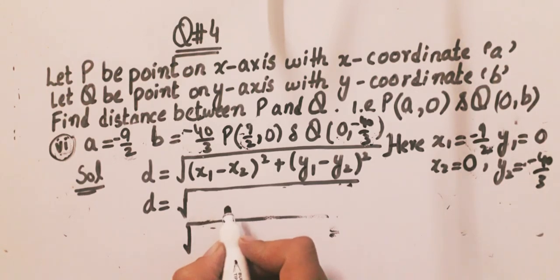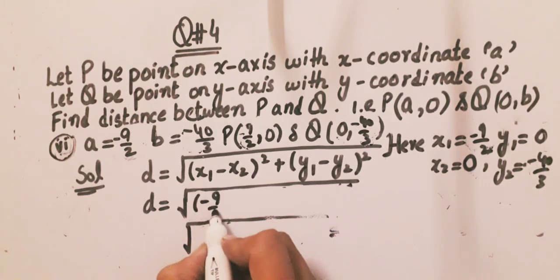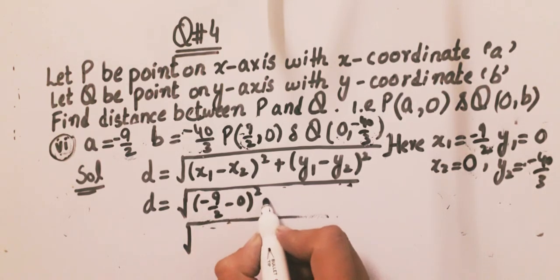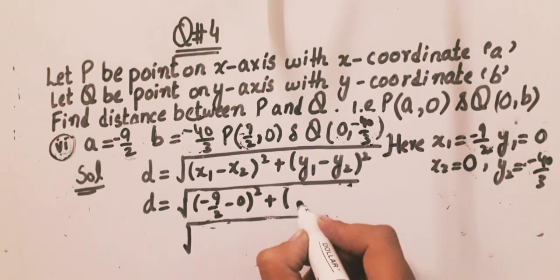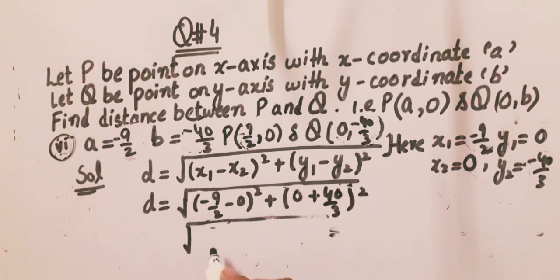So x1 minus x2 means minus 9 by 2 minus 0 square plus y1 minus y2 means 0 plus 40 by 3 square.